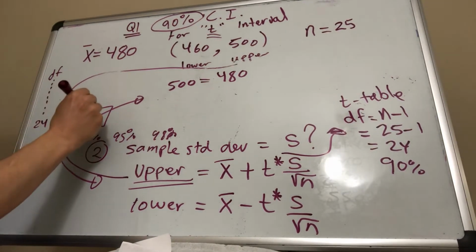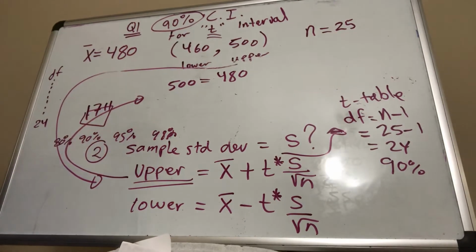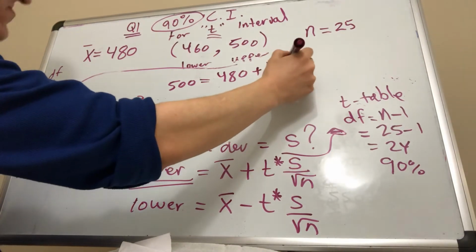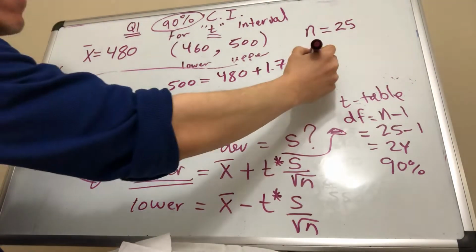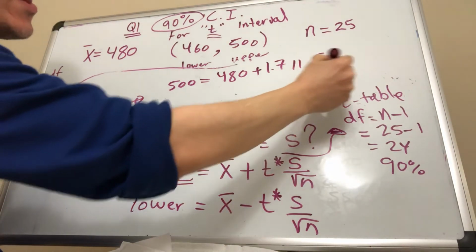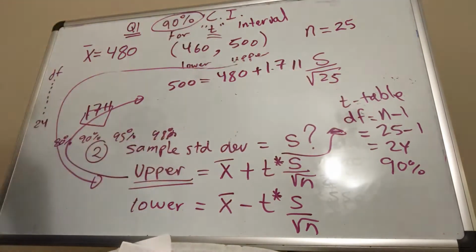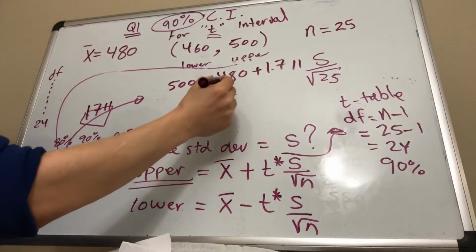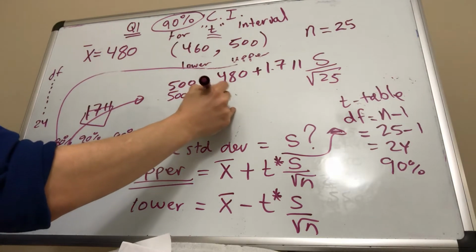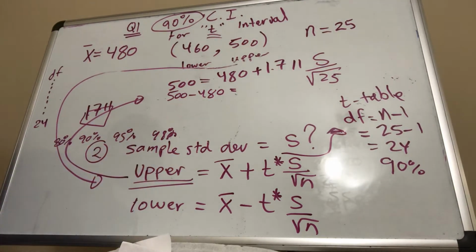So this number, 1.711, is the number I'm going to use here. My S is what I'm trying to find, and it's over the square root of n, 25. So I use this to find my sample standard deviation. Mathematically speaking, I bring the 480, so it'd be 500 minus 480.